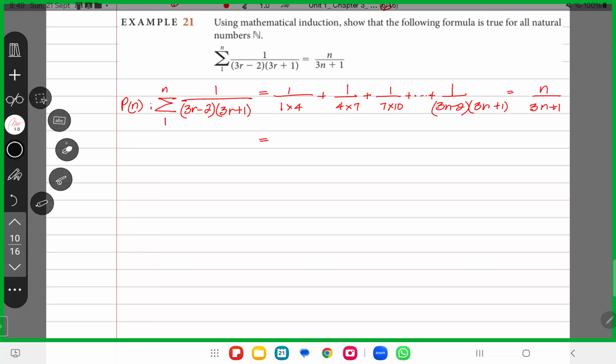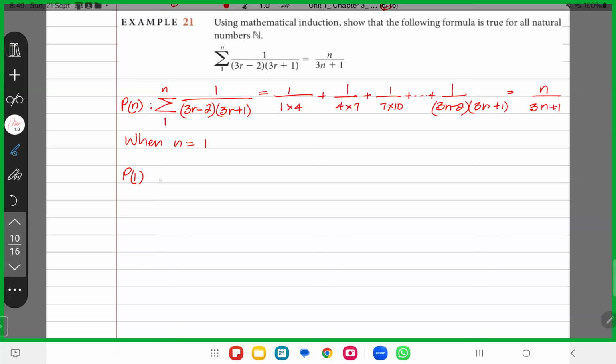We need to prove that this formula is true using induction. So the first step, as usual, is to show that the statement is true when n is equal to 1. We have P1, which we already worked out already.